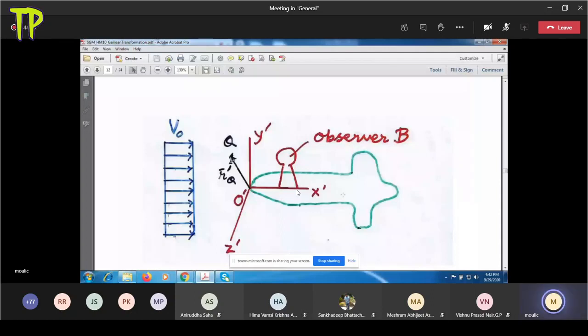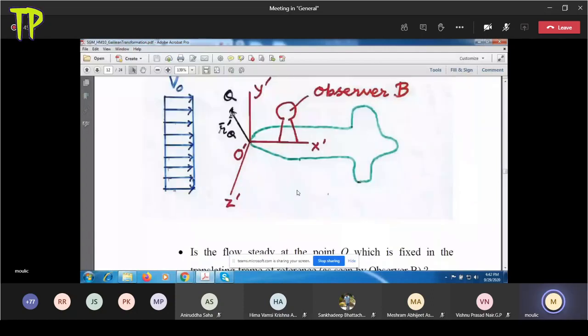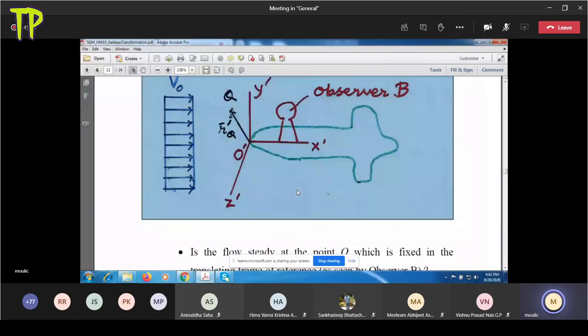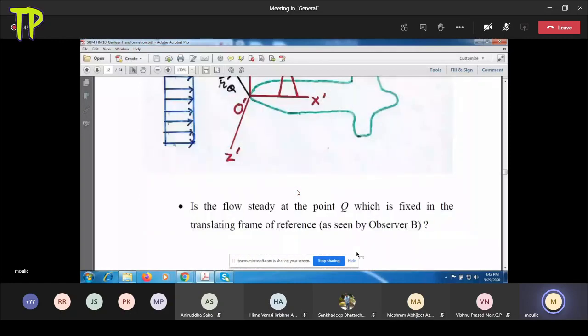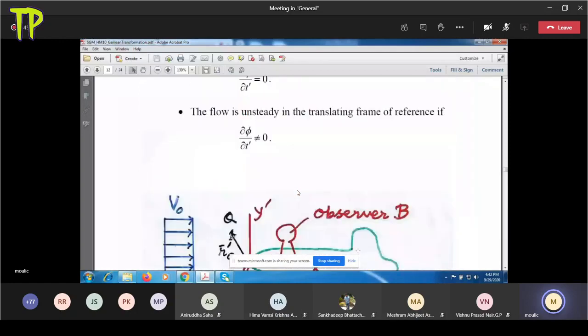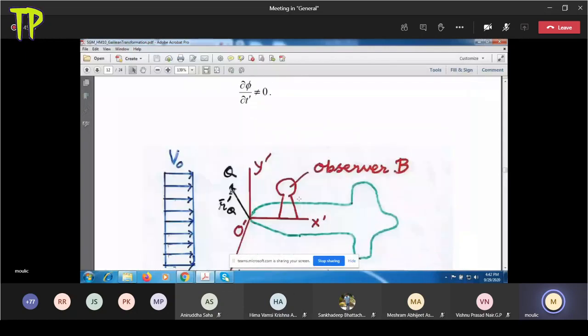Now he will see the flow to be steady over here. So the same flow is steady in the translating frame of reference, but unsteady in the ground frame.